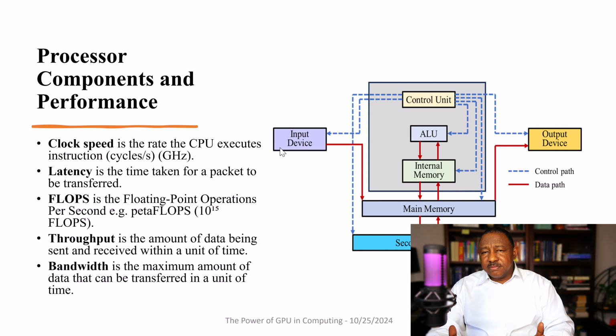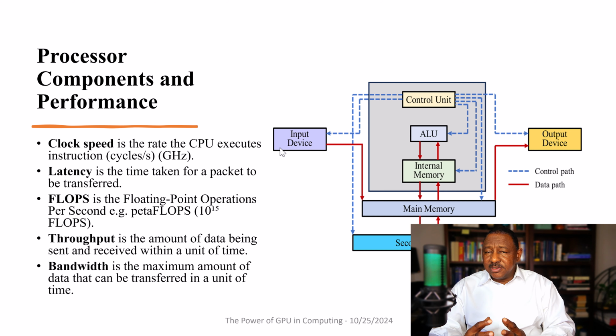But before we go and talk about the GPU, let's give you an idea about the processor in general. When we say processor, it can be a CPU, or central processing unit, or a GPU. The idea of a processor is still the same, but the architecture may be different. The processor processes information, and that information is either arithmetic or logical operations.